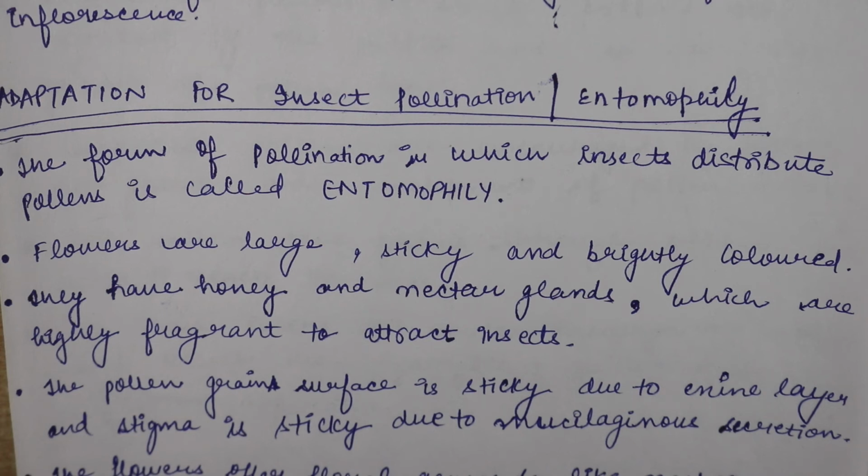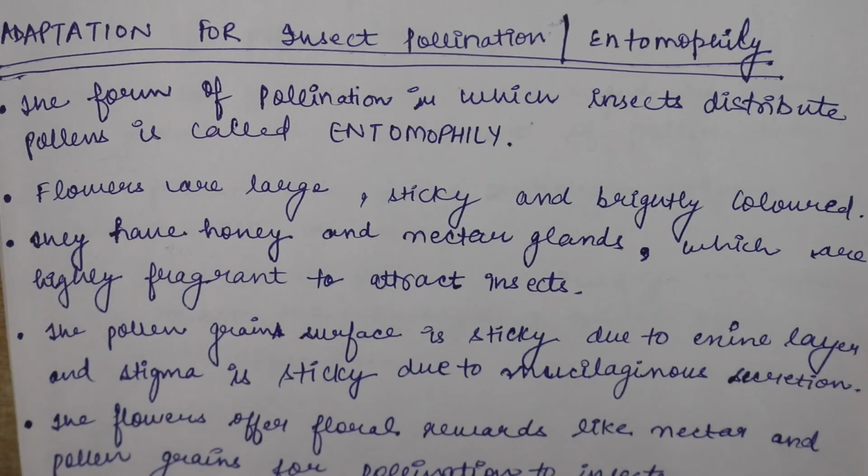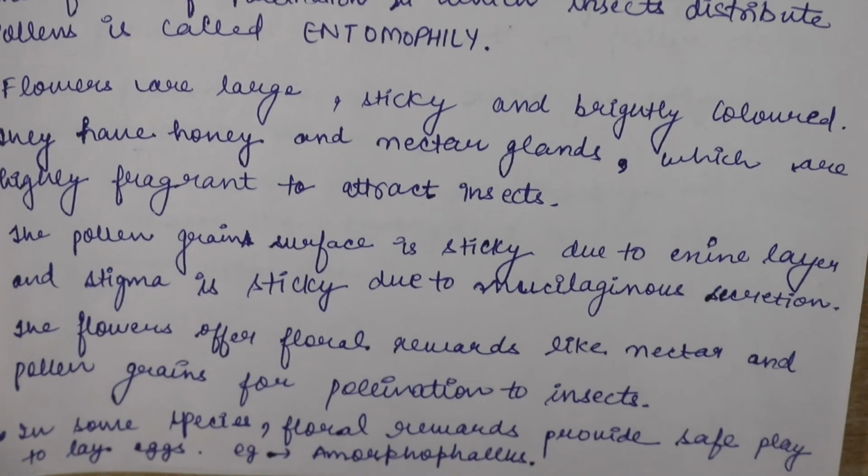They have honey and nectar glands which are highly fragrant to attract insects. The pollen grain surface is sticky due to exine layer and stigma is sticky due to mucilaginous secretion. Flowers offer floral rewards like nectar and pollen grains for pollination to insects.